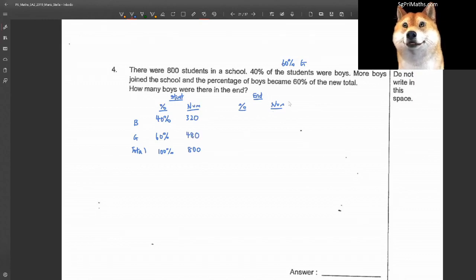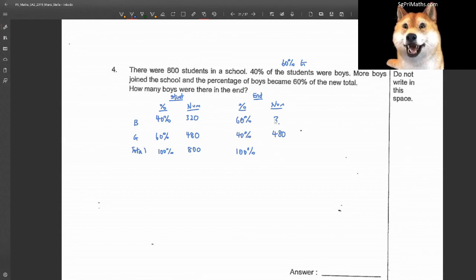Okay, so some boys joined the school, but we don't know how many, so it's a question mark, but we know the boys became 60%. On the other hand, for girls, the number remained the same, and the percentage should become 40% because the boys are 60%. So 100 minus 60% gives you 40%.